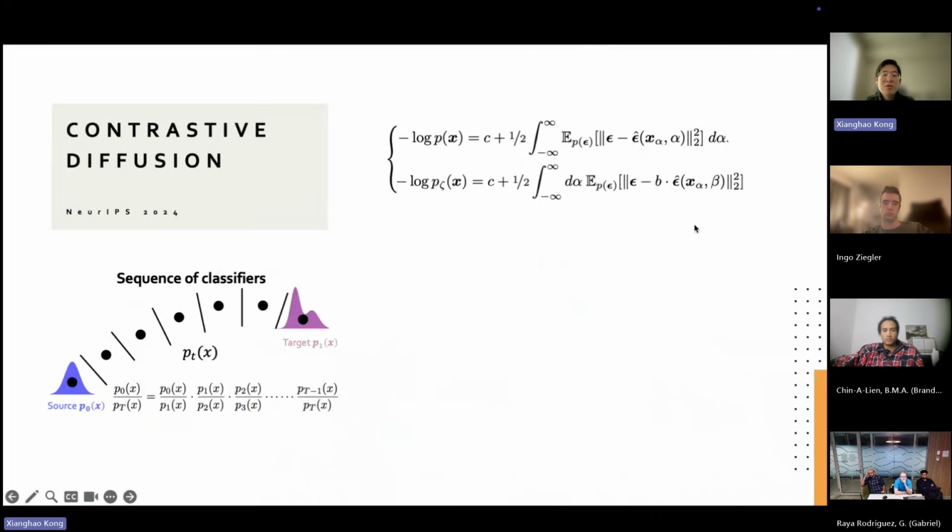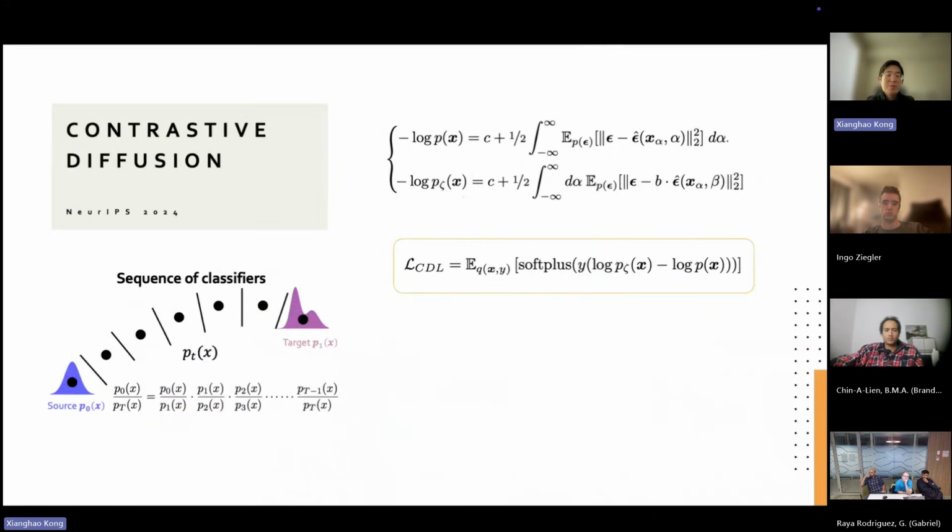The noise level is not consistent. We can calculate another diffusion process for that, which we call P zeta. So of these two diffusion processes, one is positive and P zeta is negative. We can use this idea and combine it with the softplus function. It will lead to a contrastive diffusion loss.